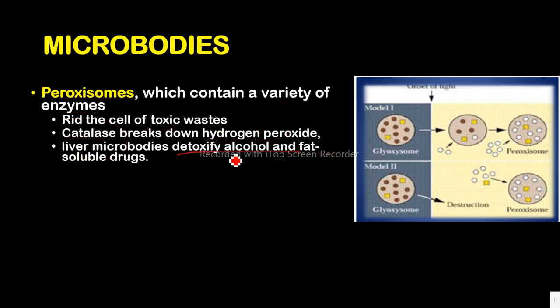So when you take it, it must be removed from the body. You have microbodies within the liver that are responsible for removing the ethanol, converting ethanol into non-toxic compounds.